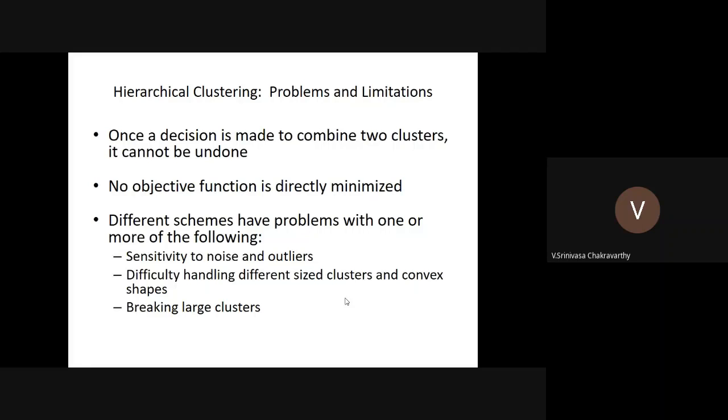Similarly, different schemes have problems with one or more of the following. Each scheme has some strengths and some disadvantages. The problems that most schemes face are in these areas: sensitivity to noise and outliers, difficulty in handling different size clusters and general convex shapes, and breaking large clusters.